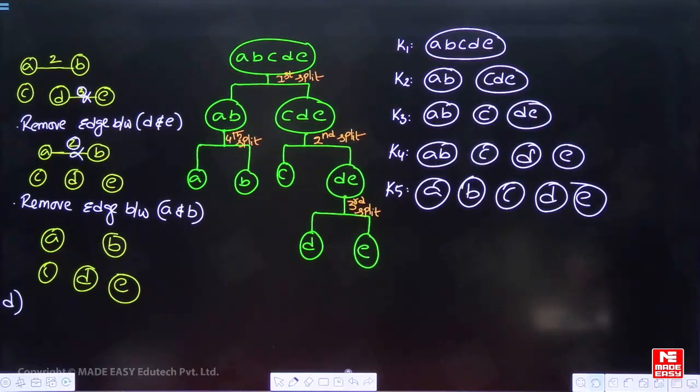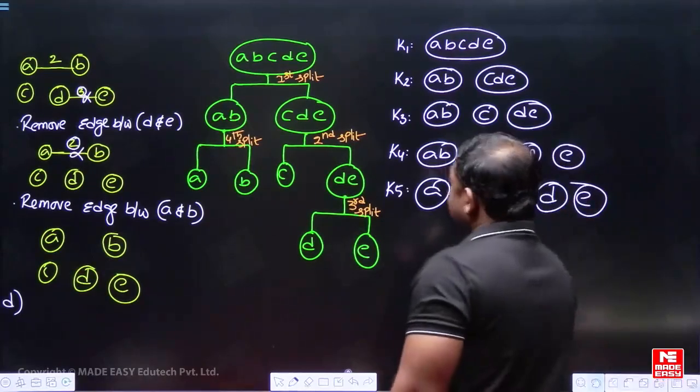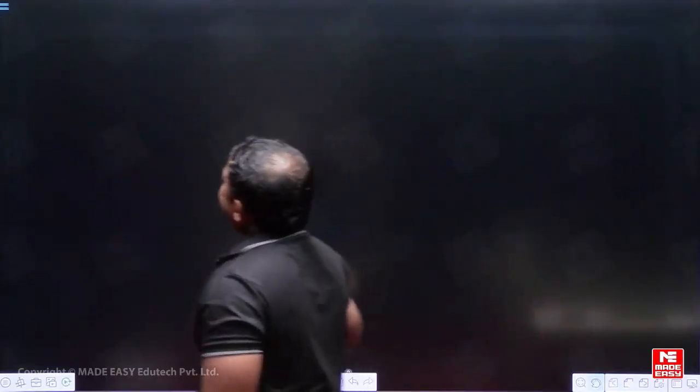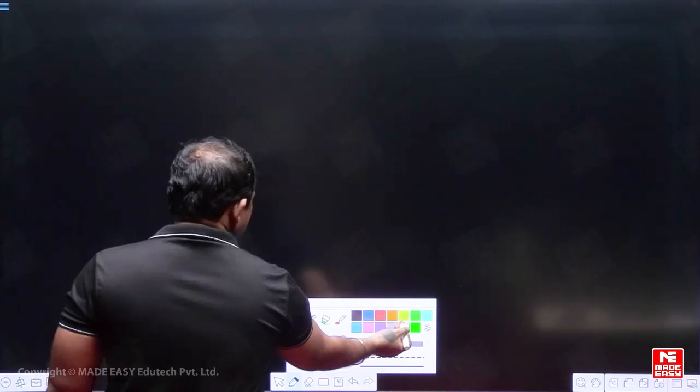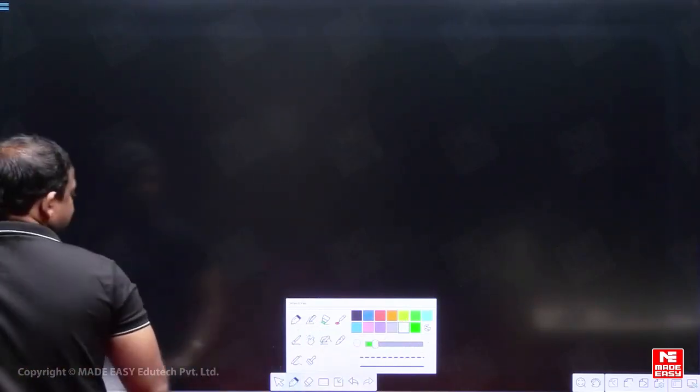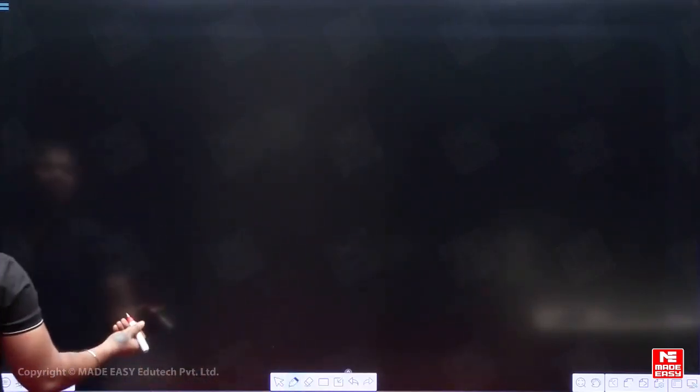All right. So now let us take another question which is related to divisive clustering only. You may apply the agglomerative clustering also. That is your choice, but accordingly you need to apply the method.